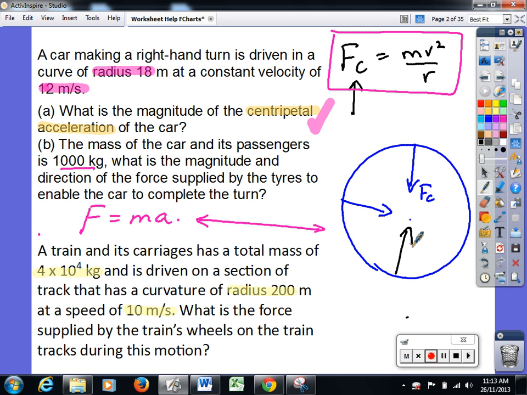We could have gravitational forces, we can have electrostatic, and in this case here we have frictional forces. So this one up here was to do with tyres, and this one here is to do with the train wheel. So take a few moments and apply these formulas to calculate questions 1 and 2.